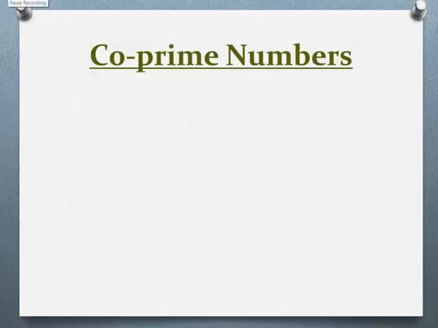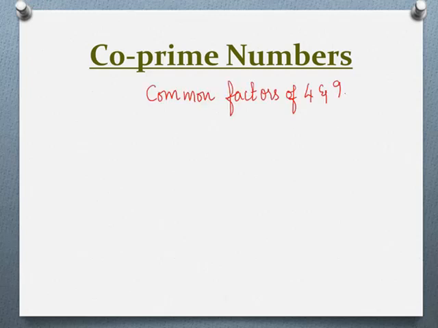Next, let's see what are coprime numbers. For that, first let's find out the common factors of, let's say, 4 and 9. Here the factors of 4 are 1, 2 and 4.